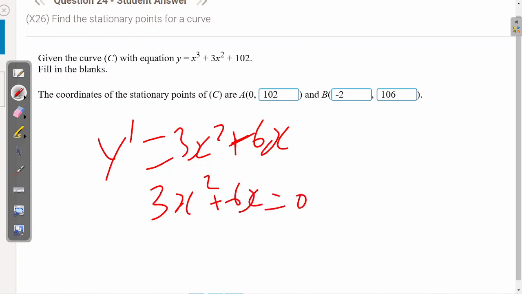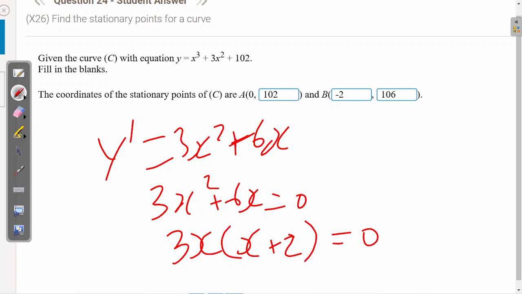You can factor this by 3x. 3x times x plus 2 equals 0. So 3x equals 0, get x equals 0. And x plus 2 equals 0, get x equals negative 2.